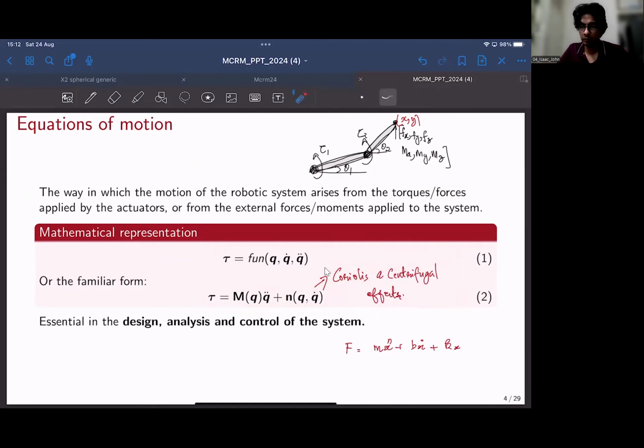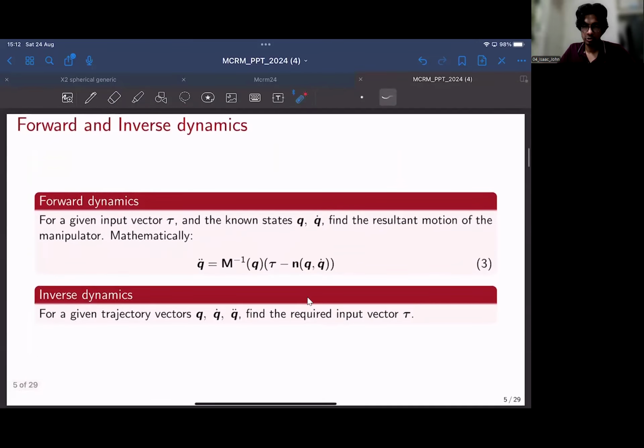Okay, so now moving on. Just like what we have seen in the case of forward and inverse kinematics problems, we can also have a forward and an inverse dynamics problem. It's more or less analogous, actually.